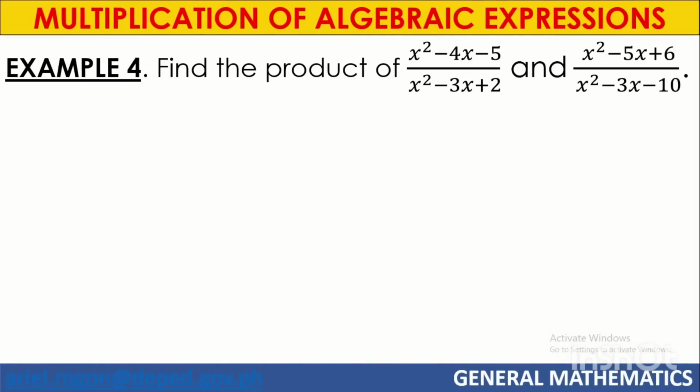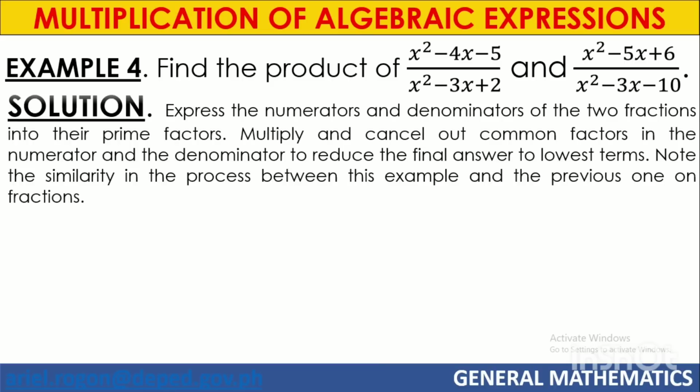Another example, find the product of (x squared minus 4x minus 5) over (x squared minus 3x) and (x squared minus 5x plus 6) over (x squared minus 3x minus 10). All the given are trinomials. So what will we do? We express the numerators and denominators of the two fractions into their factors. We can do this by factoring.